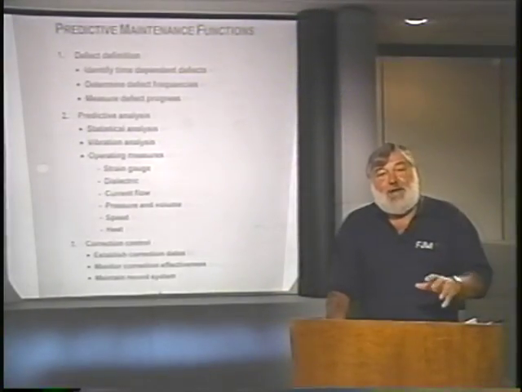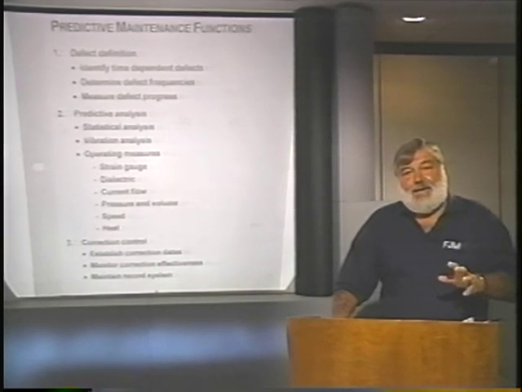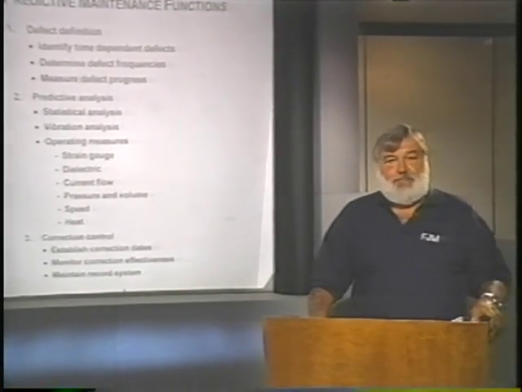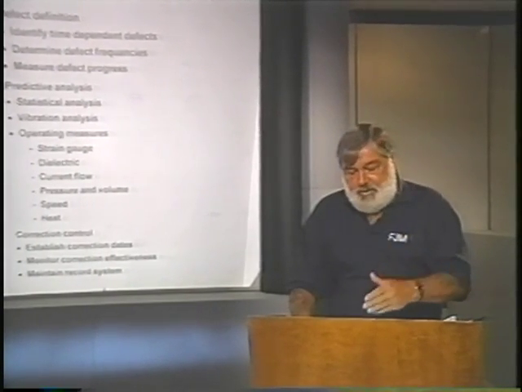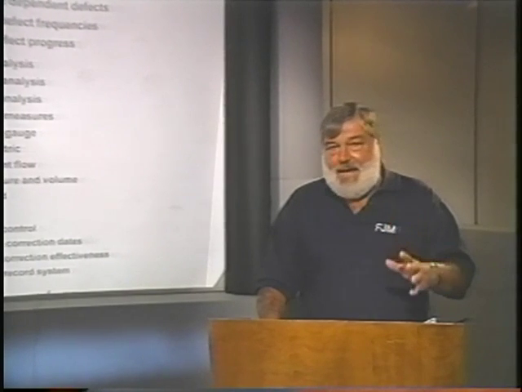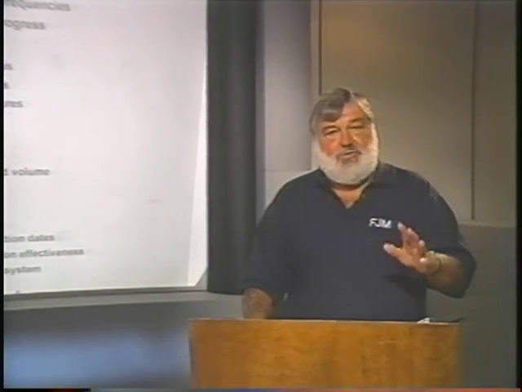So 2 is trying to provide the guidelines relative to things we want to consider for a piece of equipment. Remember, all of these items that are identified in step 2 may not be required for each and every machine, but they should be addressed. 3 is the correction control.